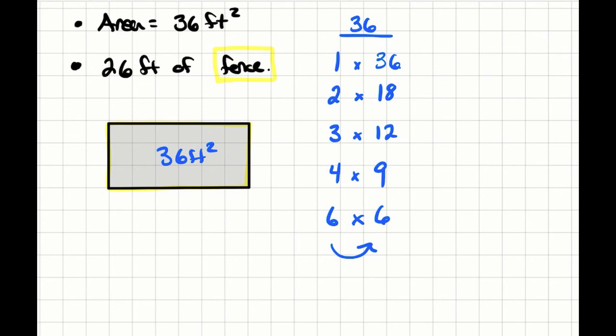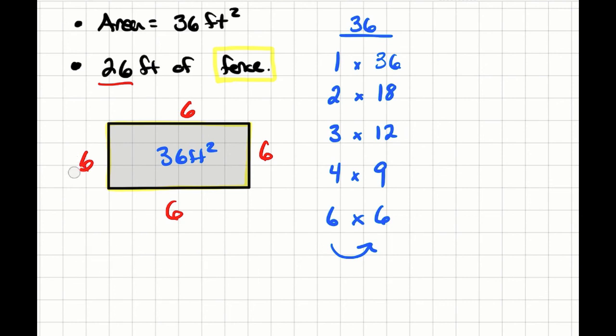Because we don't necessarily know, it could be a square. So we're going to start with the values 6 and 6. Those, when multiplied, give us 36. If they were 6 and 6, then we would need, let's do the math here, 6, 12, 18, 24 feet of fence. Well, that's really close to the 26, but it's not exactly it.